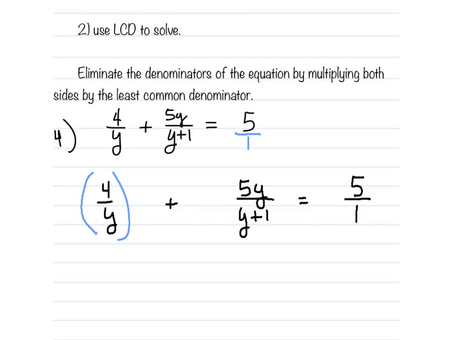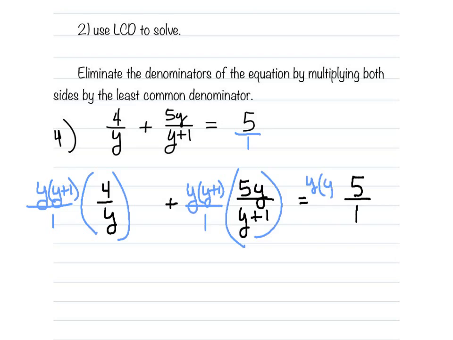So this is going to be multiplied times y times y plus 1, y times y plus 1, and then y times y plus 1. Okay, now this is what's going to happen.